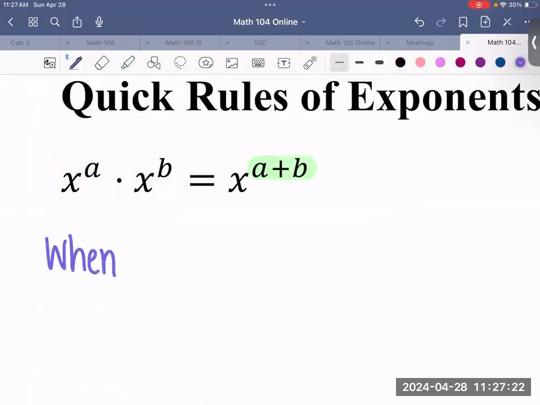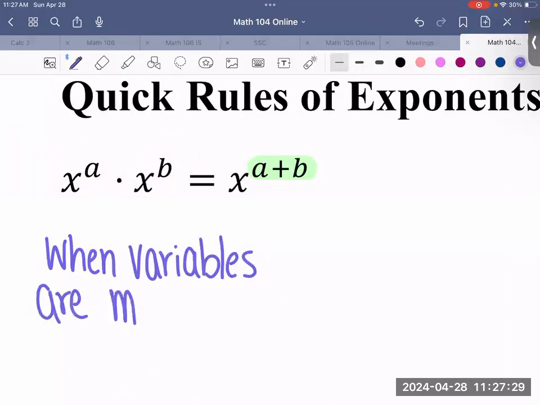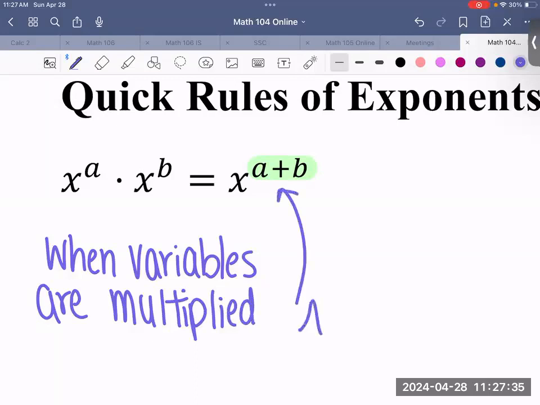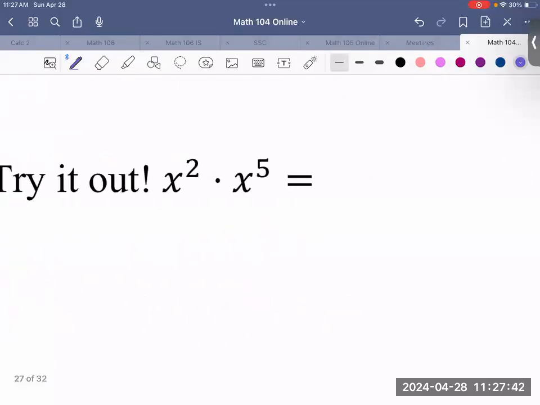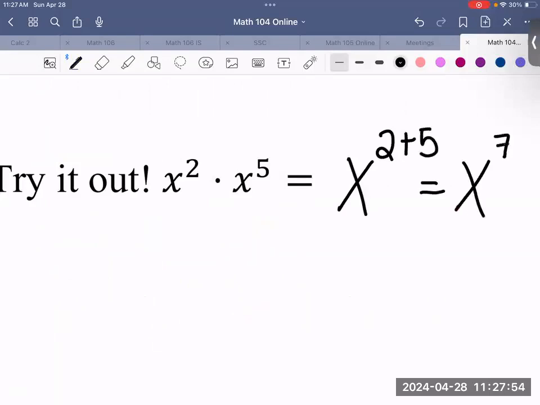So when variables are multiplied, we add the exponents. So let's try it out. Our x is our variable. They're being multiplied, so we are going to add 2 plus 5 to make 7.